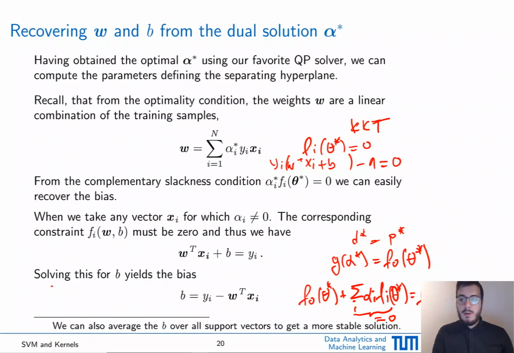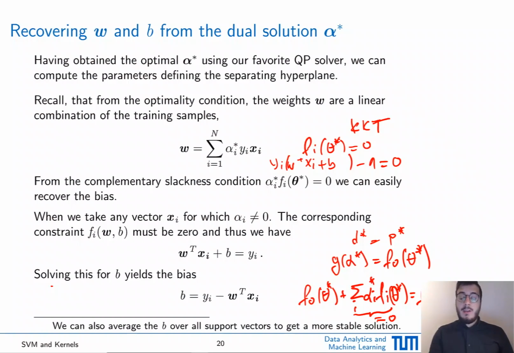We can move this minus 1 to the other side and then divide by y_i, in which case we get exactly this term over here. From here, solving for b, we get exactly the value that we were looking for. Here, of course, we have alpha i star.